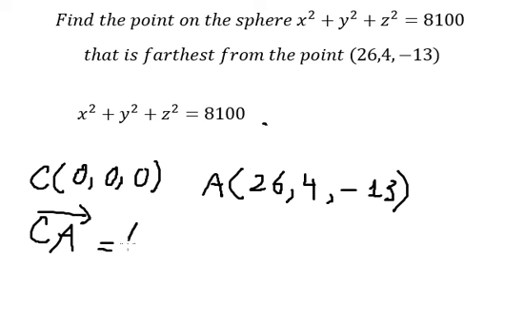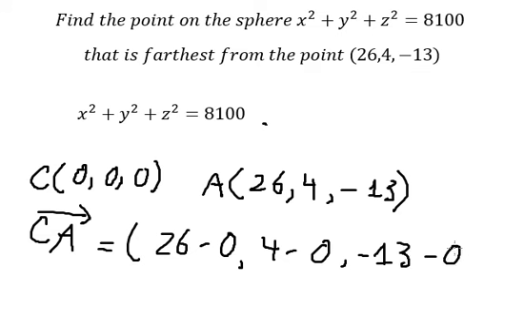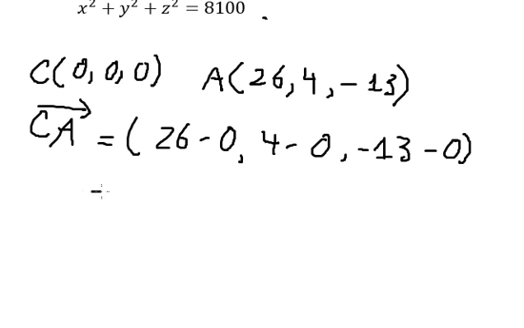That should be 26 minus 0, 4 minus 0 and negative 13 minus 0. So we have 26, 4 and negative 13.